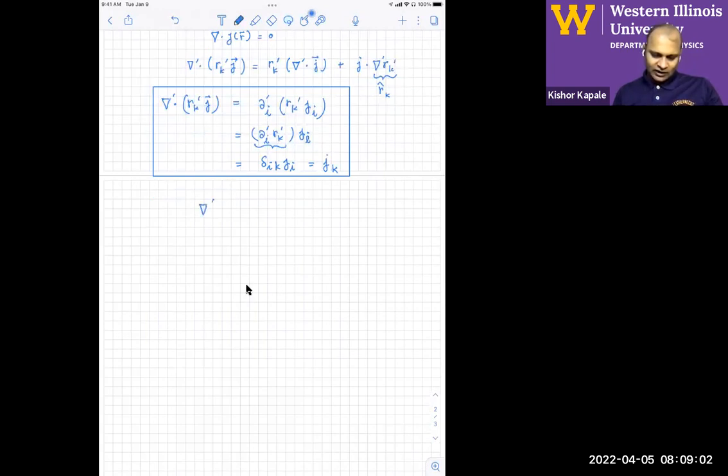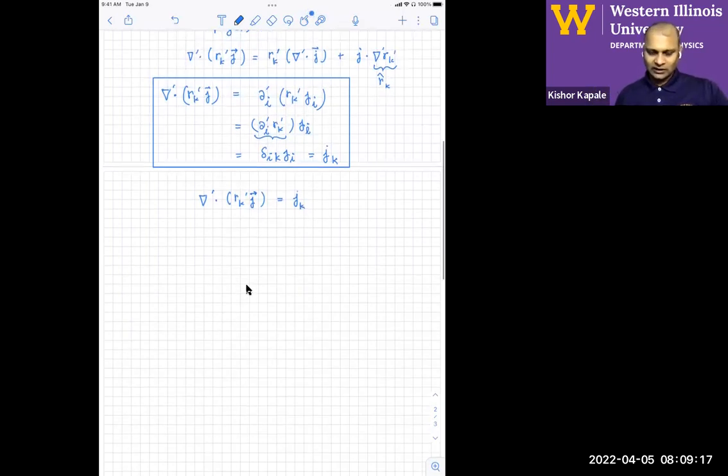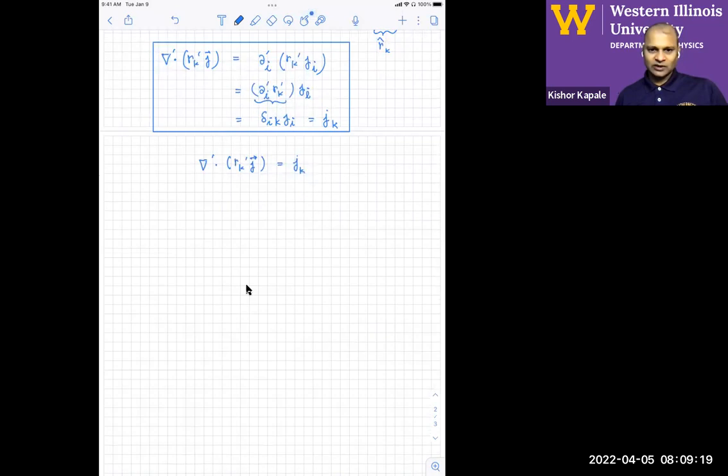So if you take the divergence with respect to the prime coordinate of rk′ multiplied by the whole vector j, it eventually just pulls out one single component k, and it turns out to be a scalar quantity.